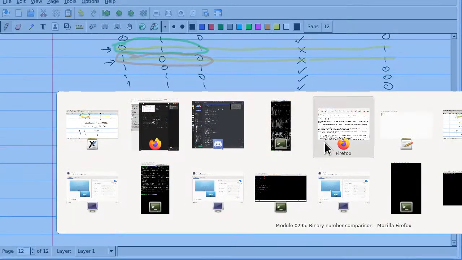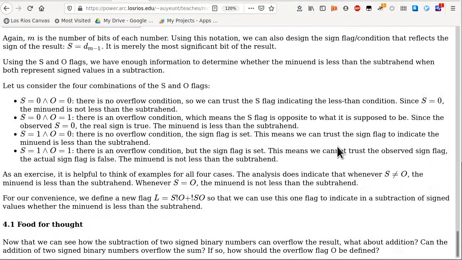When we go back to the module and scroll down here, it says the L flag is the exclusive OR between S and the overflow flag, where S, the sign bit, automatically refers to the sign bit of the difference. When we look at S as a flag on its own, it is referring to the sign of the difference, and that definition is established up here. So we actually managed, barely, to finish the entire module.